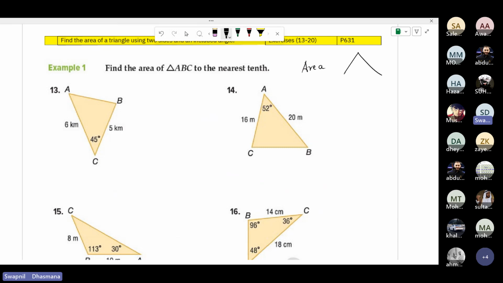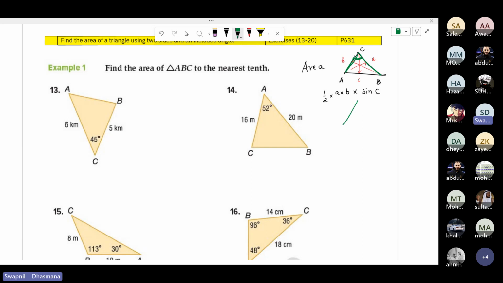So if you have something like this, this is A, this is C, this is B. So the rule is half times A times B times sine C. This is side A, this is side B, and this is angle C.